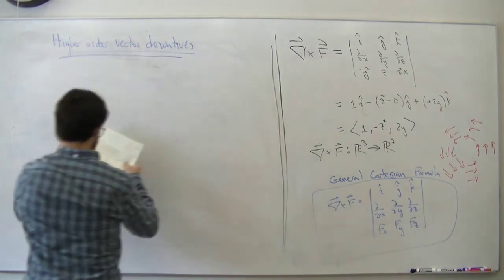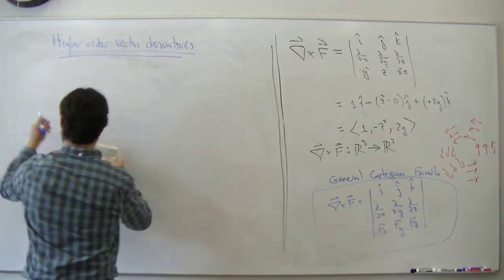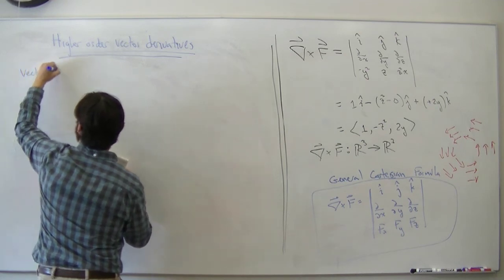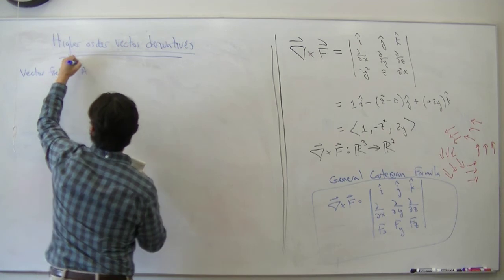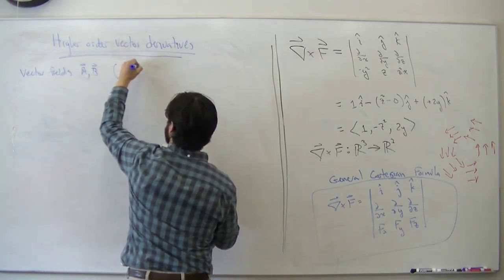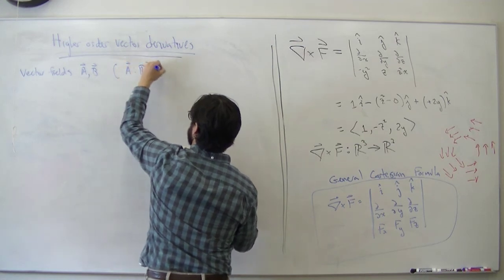So I'm going to write out a whole bunch of stuff. Let's say that we have vector fields A and B. That means, for instance, A is a mapping from R3 to R3.